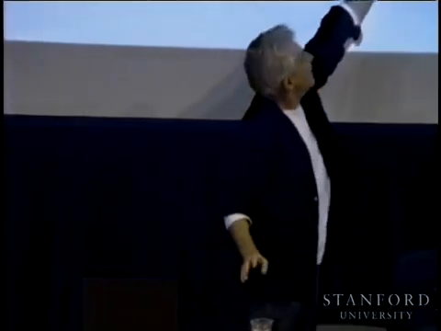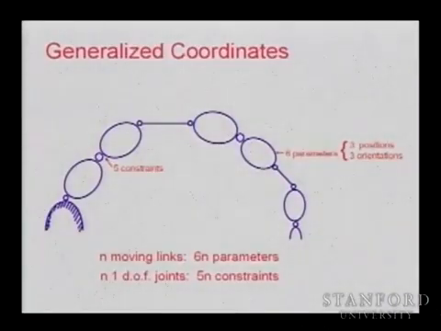So now let's do the count. We said we have 6n parameters before placing the joints, and now we place the joints and we have 5n constraints. So the question to you: how many degrees of freedom do we have? It is going to be the difference, right?